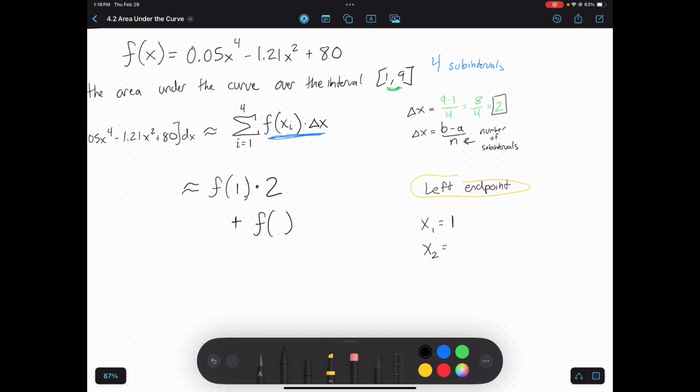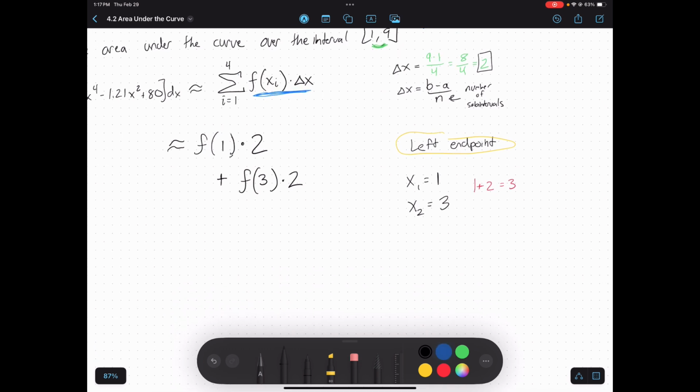So if I start at 1, go a distance of 2, what's my next x value? In our case, 3, because 1 plus 2 is equal to 3. So that's what I'm going to plug into my function to get my height, times my width. My width is still 2. My width will always be 2 for this problem.